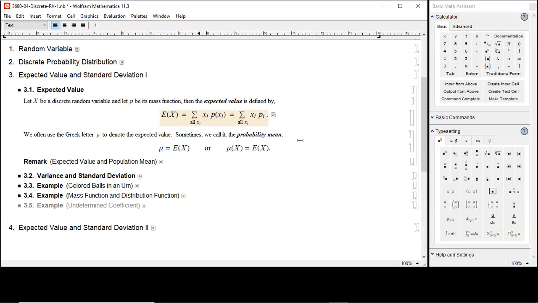But if it is just a number after all those computations, for example, expected value of 1.2, in that case, we're going to use Greek letter mu more often. So this mu x expression here is not very common.